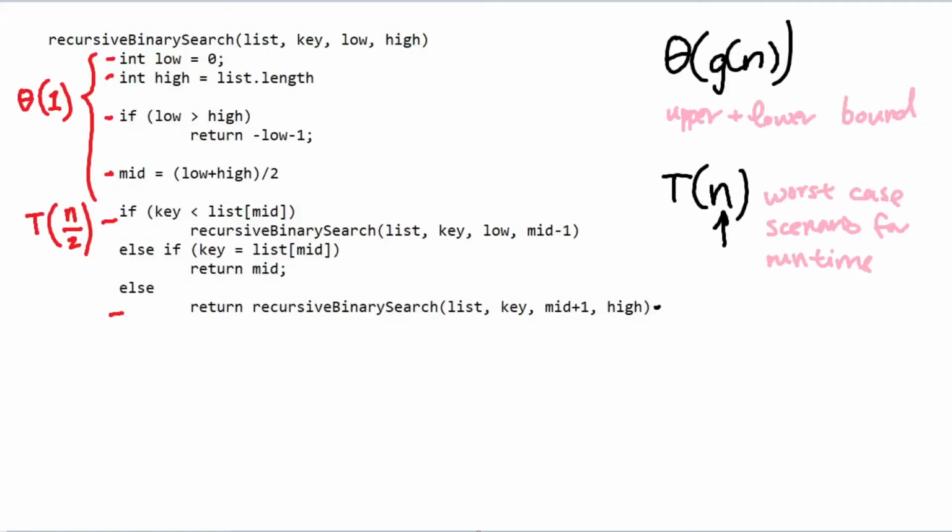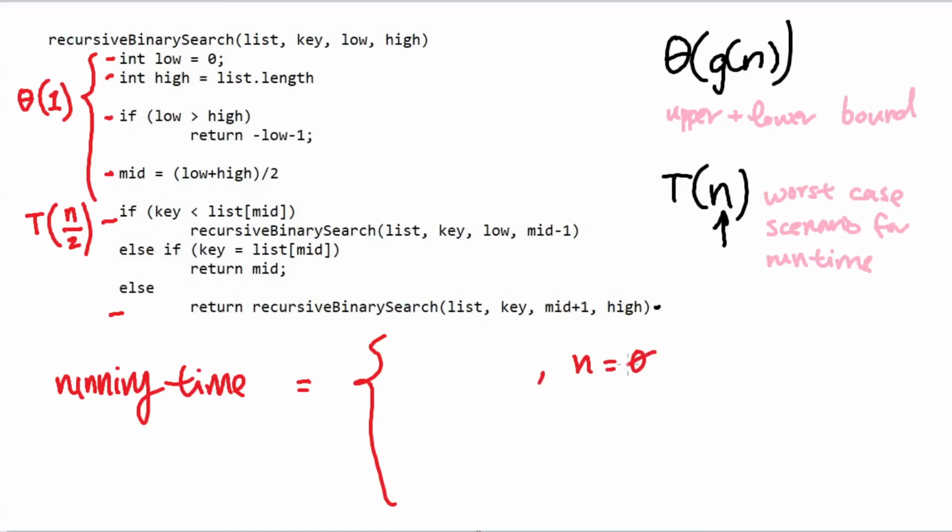All right, and with that, we can now say that the recursive binary search running time is going to be equal to, if the size of the list is equal to 0, just some constant. So we'll say theta of 1, just to make sure we cover all the ground.